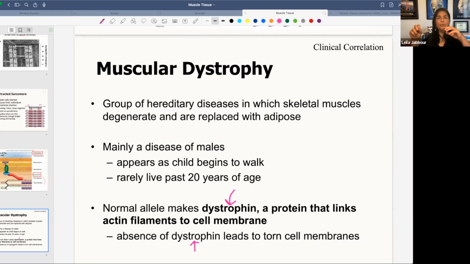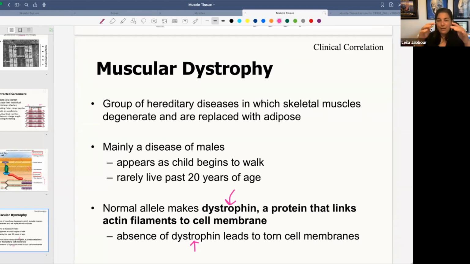I actually don't know the detail of whether it's a malformation of the molecule itself, or you just have less of the molecule.